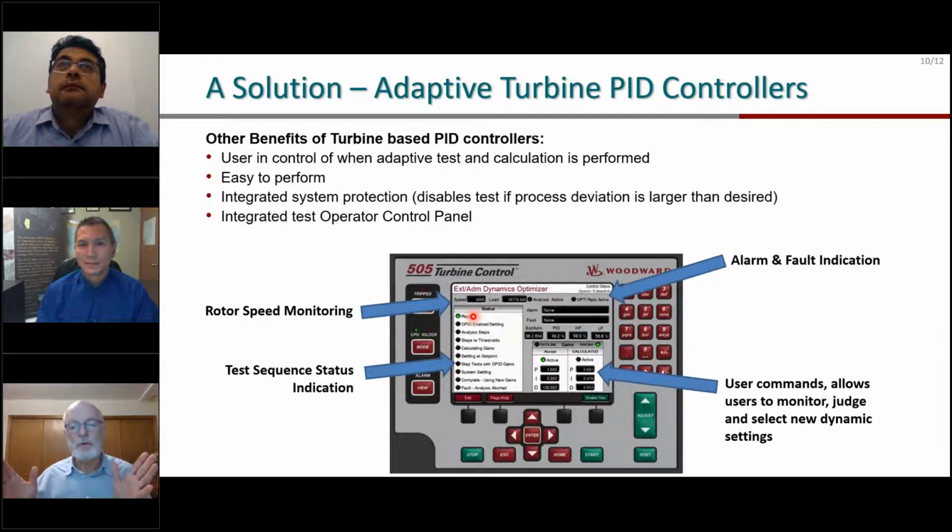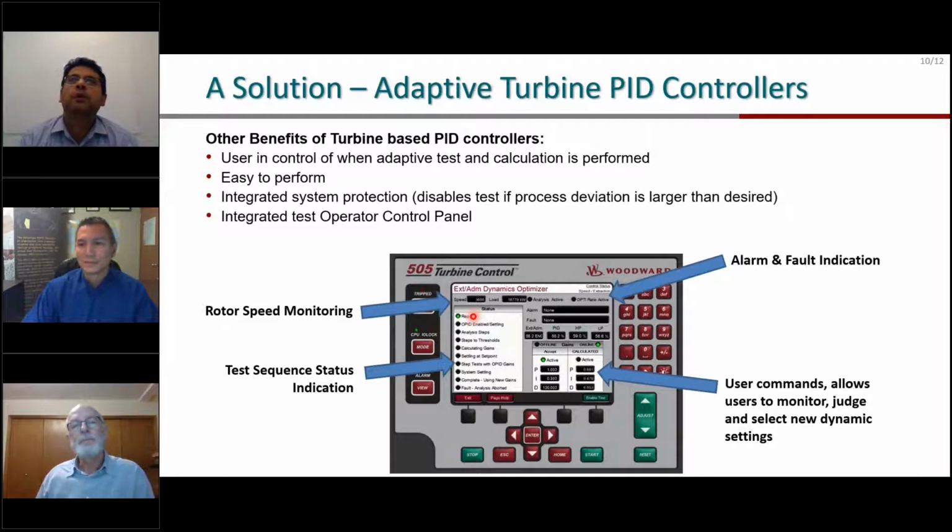Where this controller doesn't exist right now, do you actually have to install it, and do you have to add more new instrumentation? And I guess that question goes with, will it apply to both electronic and analog controlled turbines?